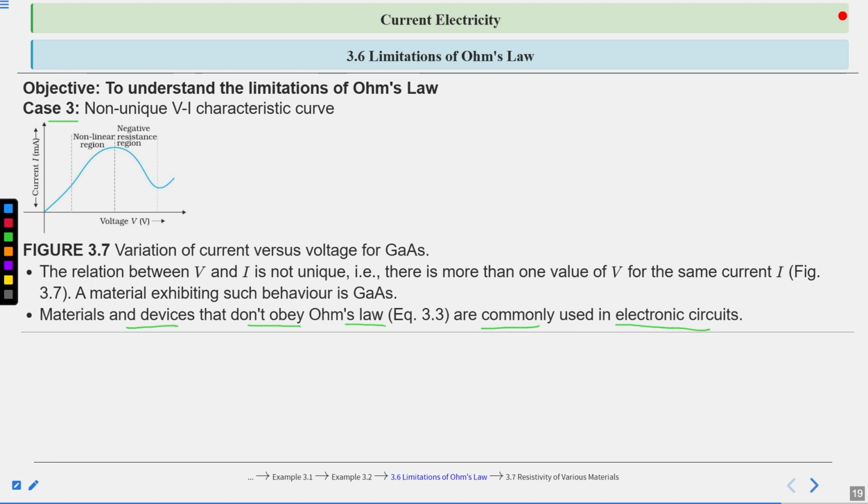There is some chip-like structure having multiple terminals, black-colored, rectangular or square, or some cylindrical components. Capacitors are also there on circuits, and these electronic circuits are made up of semiconducting materials that do not follow Ohm's law.